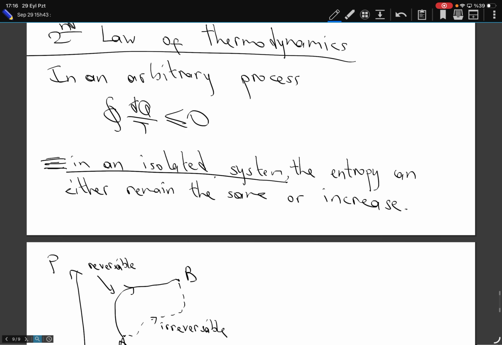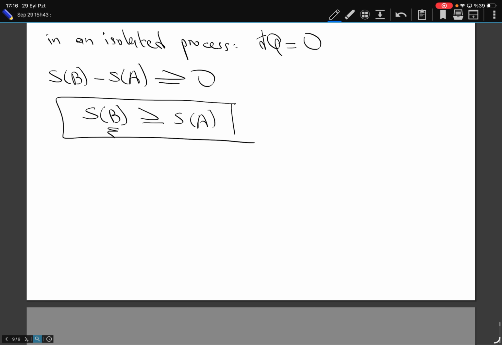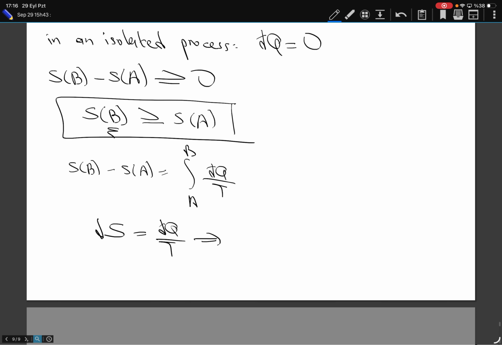Now, if we go back to this definition, let's say that these states A and B of my system are very close to each other. So the change in the entropy is also very small. That will tell me that dS, the change in the entropy, now a differential, is equal to dQ over T. Or what I'm more interested in is dQ is TdS. Now let's combine this with the first law.